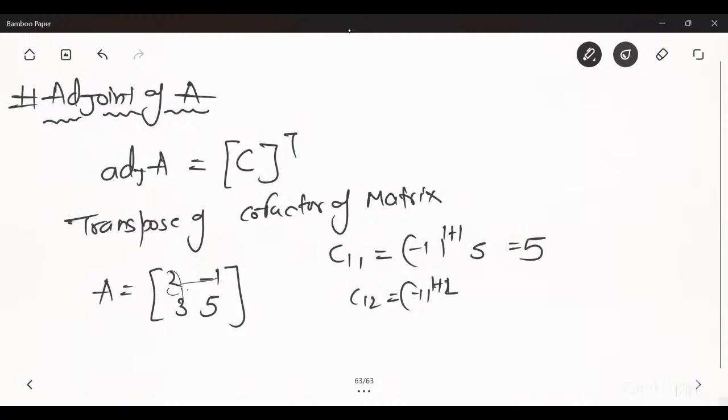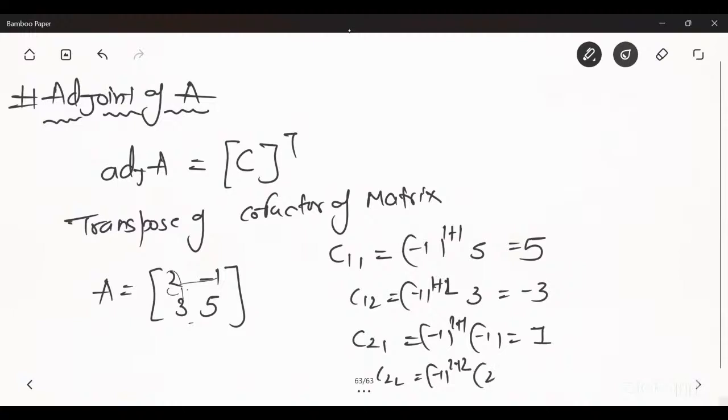So minus 1 to the power 3 is minus 1, and the element there is 3. So minus of 3. C21: the element is minus 1, so minus 1 to the power 2 plus 1, and minus of minus 1 is plus 1. C22 means minus 1 to the power 2 plus 2 and 2 here. So minus 1 to the power 4 is even. So you will get 2.